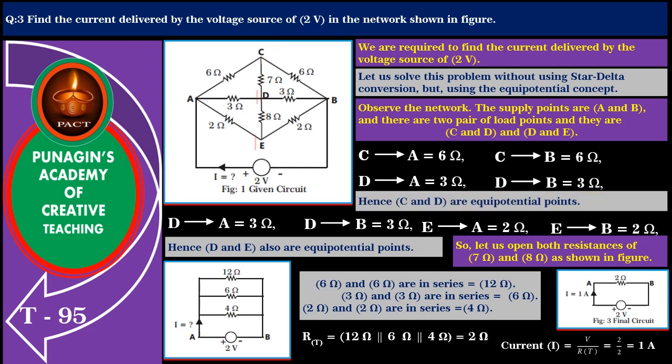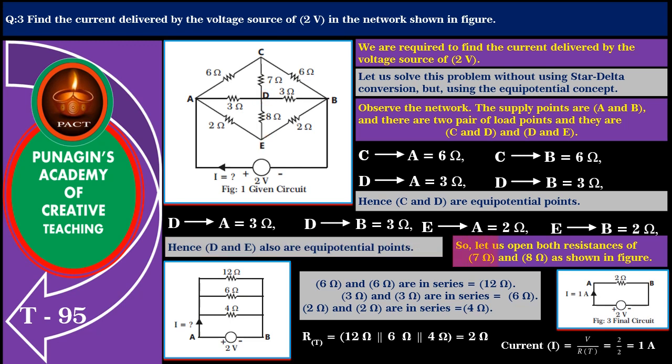Next, let us check load points D and E for their equipotentiality. Path resistance from D to A is 3 ohm and from D to B also is 3 ohm. Similarly, path resistance from E to A is 2 ohm and from E to B also is 2 ohm. Hence, D and E also are equipotential points.